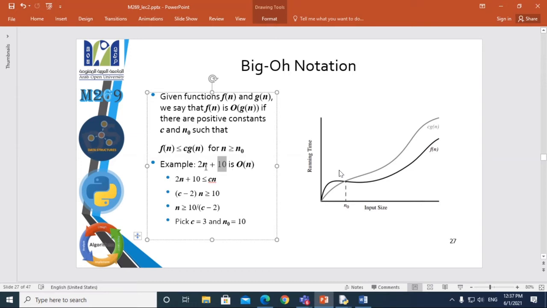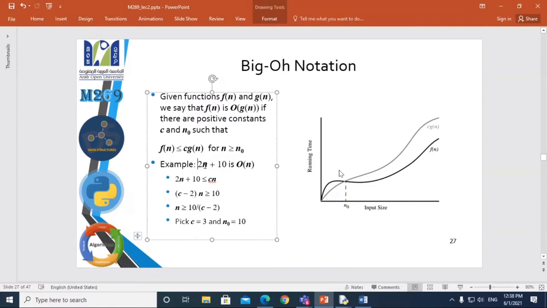Now, there is a factor in that equation that is affecting the results. What is that factor? It is the N. Based on the N, you will get the value. So we call it big O of N. The 10 and the 2 are fixed for all.